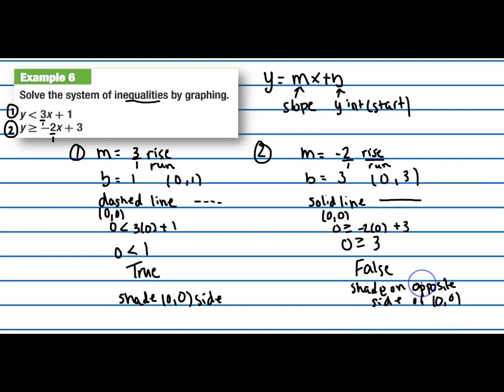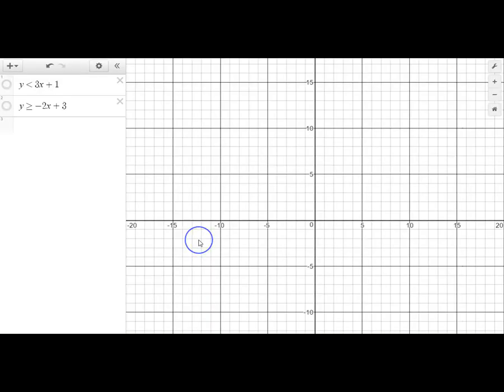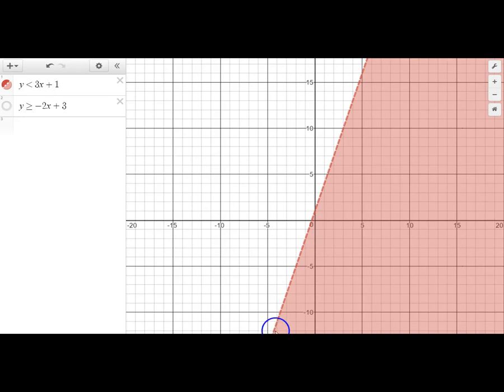So let's actually look at this with the graph though. So remember we have our equation, y is less than 3x plus 1. That's shown here with our graph. Notice here it's a dashed line, which is what we said, and I did pick 0, 0. Remember, when I pick 0, 0, it's a true statement. That's why this whole side over here is shaded in red.